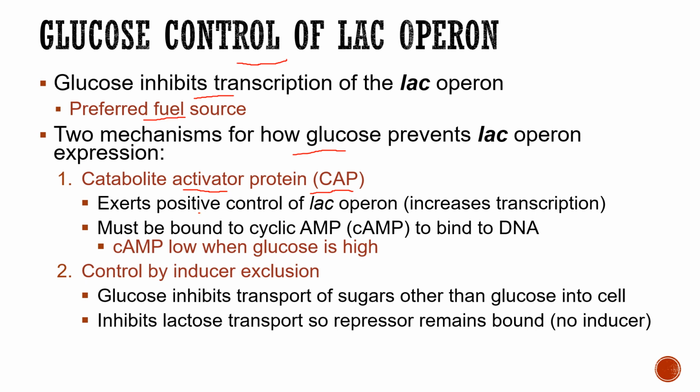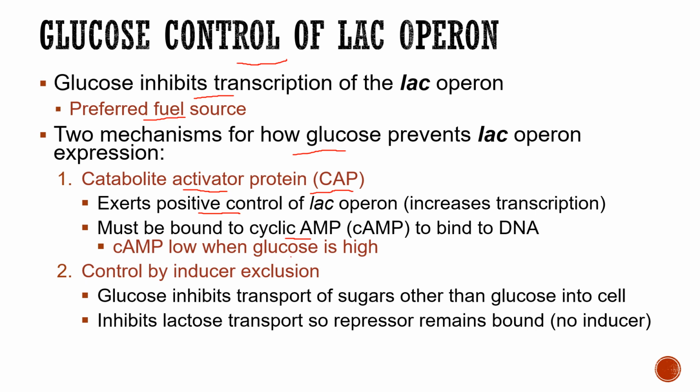So this provides positive control and causes transcription of this operon to occur. Now the only way this activator works is if cyclic AMP is attached to it. So cyclic AMP binds to this activator protein, and that allows the activator to attach and transcription to occur.